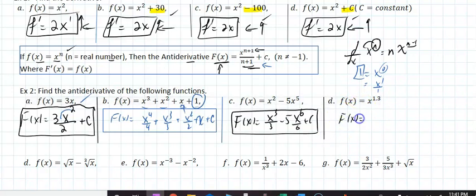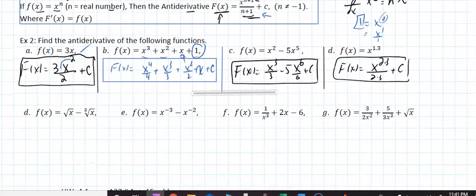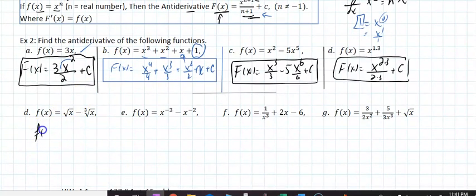Well, you must have had x, add 1 to 1.3, that's 2.3, divide by that. So whatever the power is, as long as it is a real number other than negative 1, add 1 to the power, divide by that.